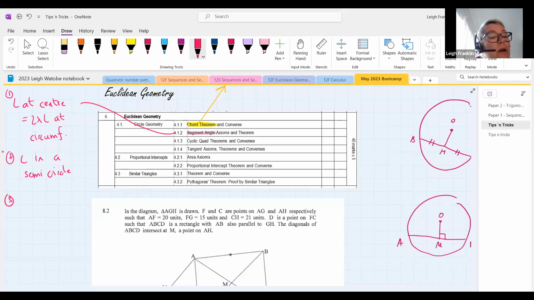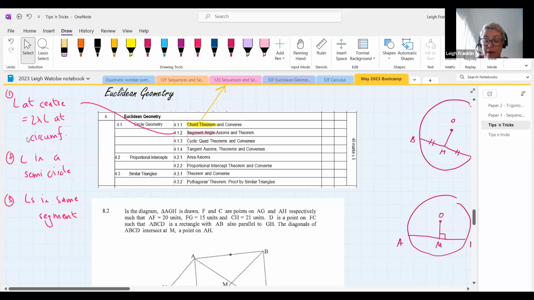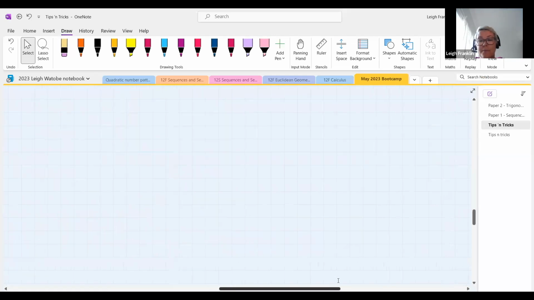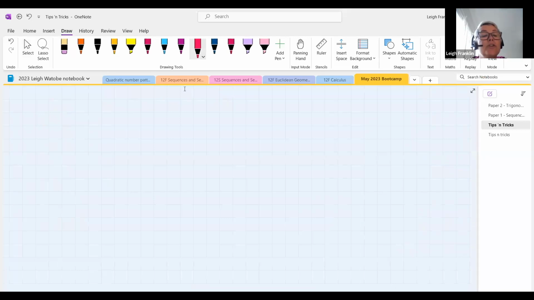And we also include angles in the same segment. So here, additionally, you also need to be careful. If you have got a situation where you have got a circle center and you've got something like this.